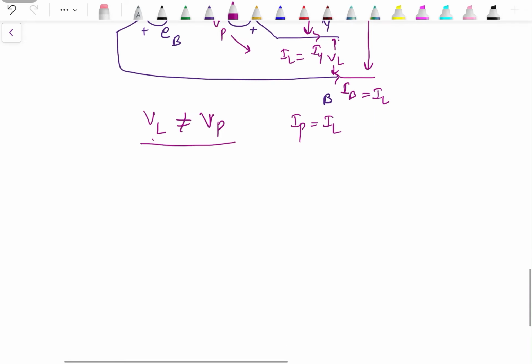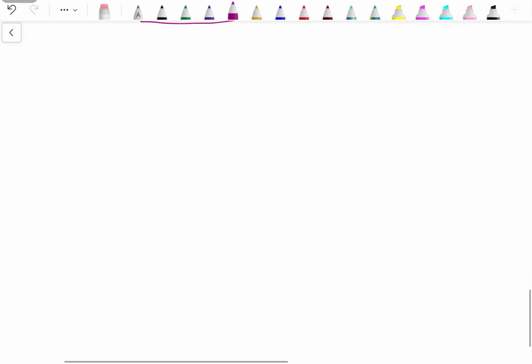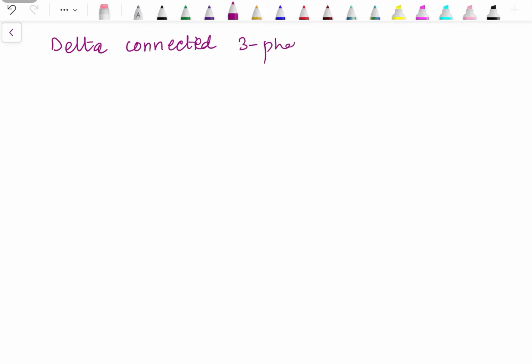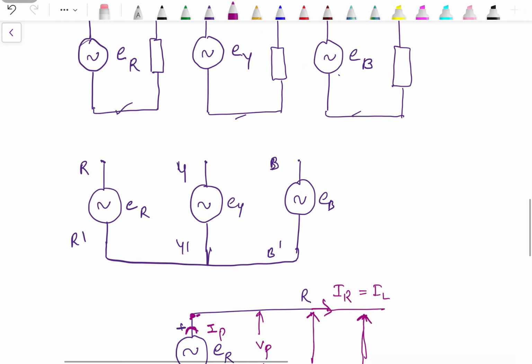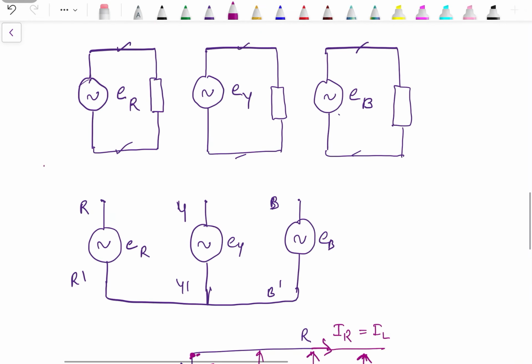But before moving on to that, we have to discuss another connection, which is delta connection. You can say delta connected three phase supply system. So this was the star connected three phase supply system.